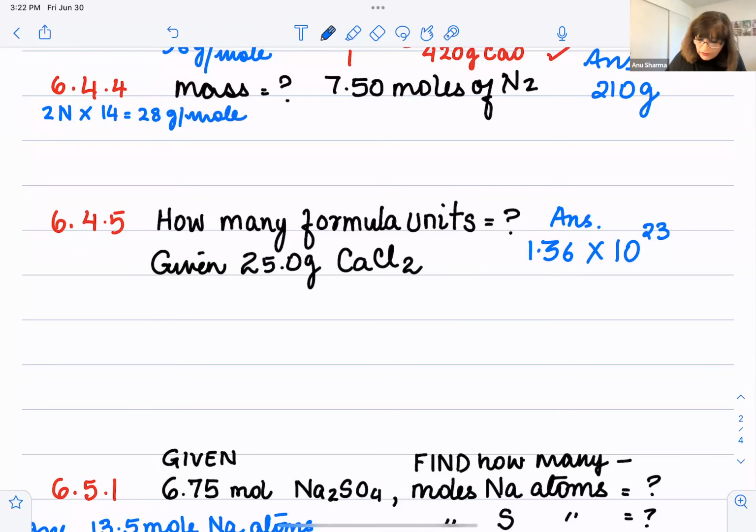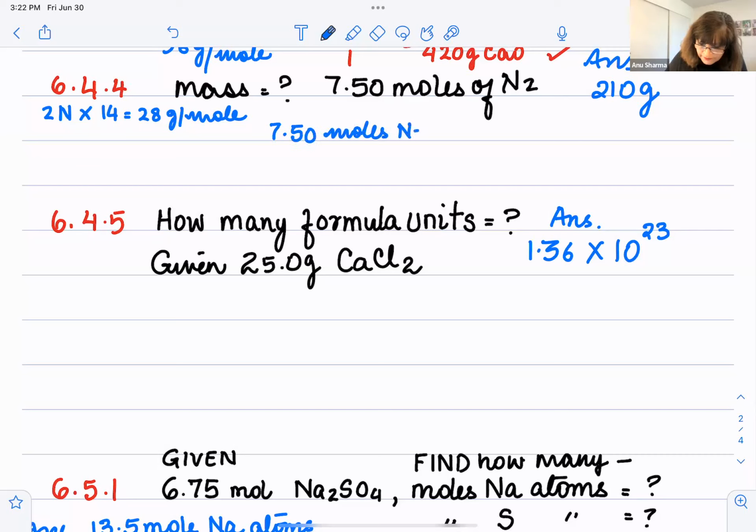Write down, we need to find the mass. We are given 7.50 moles of nitrogen, times 1 mole of nitrogen, because this is going to be cancelled out, weighs 28 grams. We want the units of grams, so we are cancelling out the moles of nitrogen.